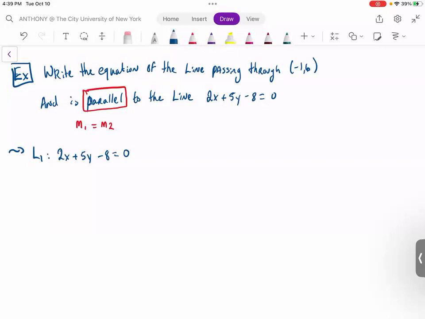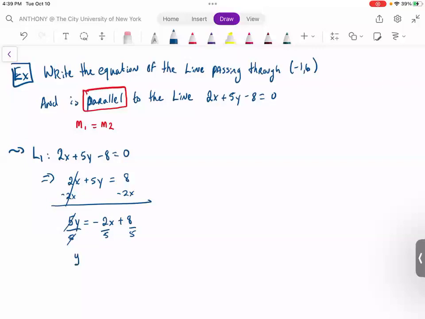So if I want to rewrite this line in terms of y = mx + b, I add 8 on both sides. This gives me 2x + 5y = 8. Then I subtract 2x on both sides of the equation. The 2x will cancel: 5y = -2x + 8. And then lastly, you divide everything by 5. The 5s on the left would cancel.